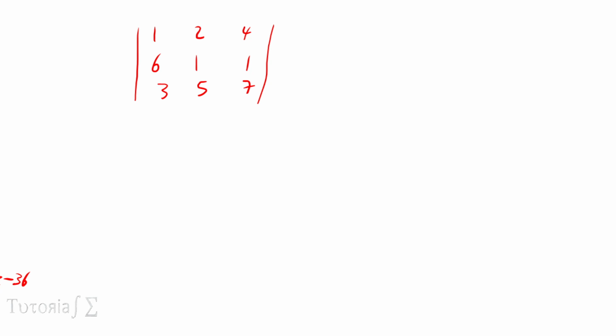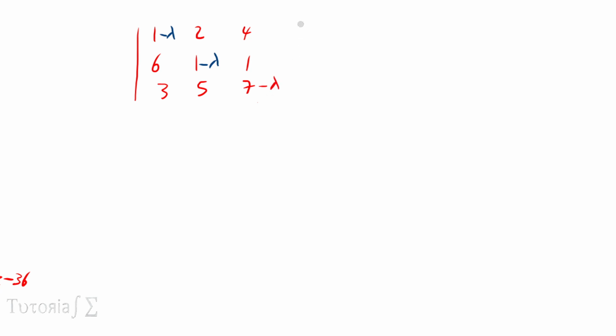Whereby you are going to say, if we name that one A, then A minus lambda I equals 0. We'll subtract the main diagonals with lambda, like that.